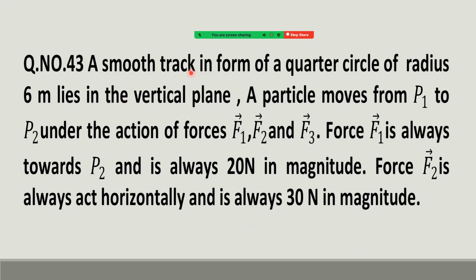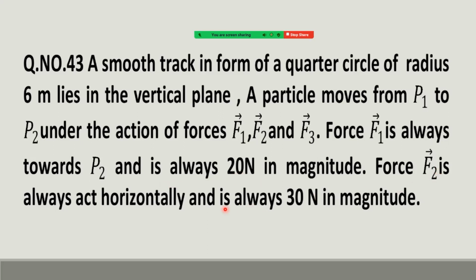A smooth track in the form of a quarter circle of radius 6 meter lies in the vertical plane. A particle moves from P1 to P2 under the action of forces F1 bar, F2 bar and F3 bar. Force F1 bar is always towards P2 and is always 20 Newton in magnitude.